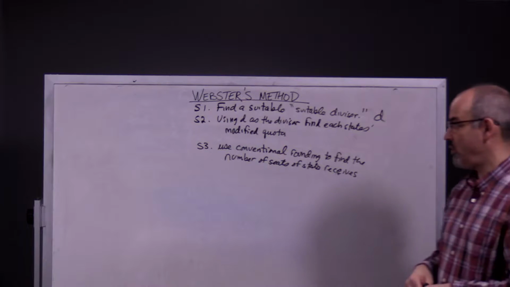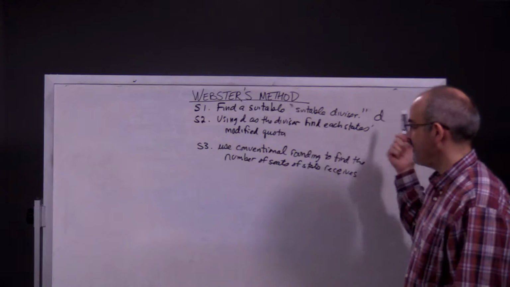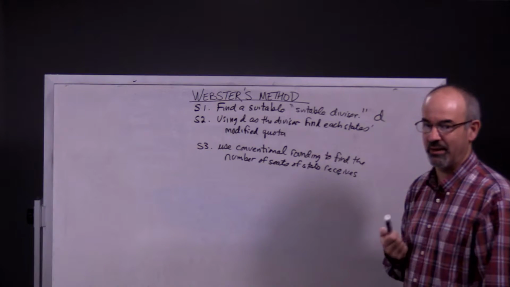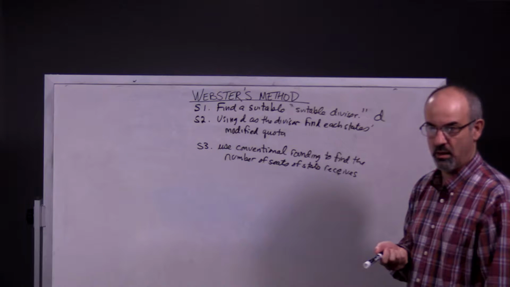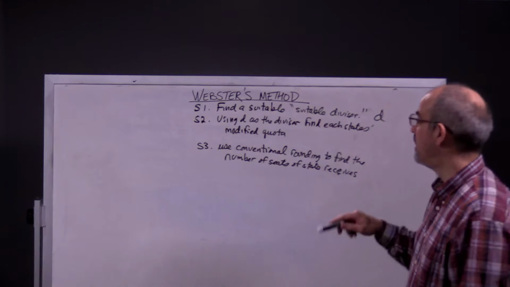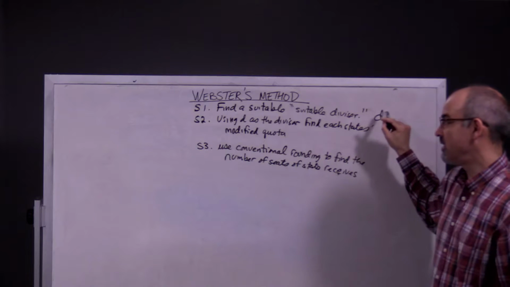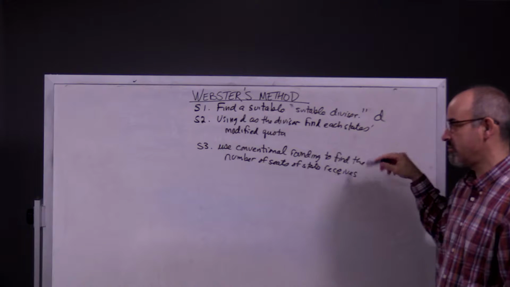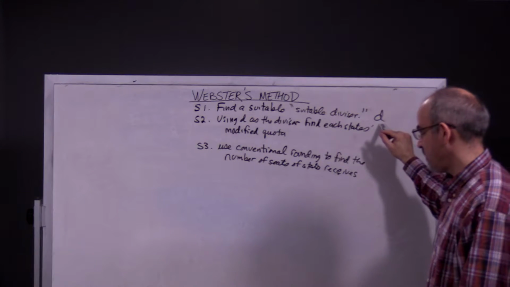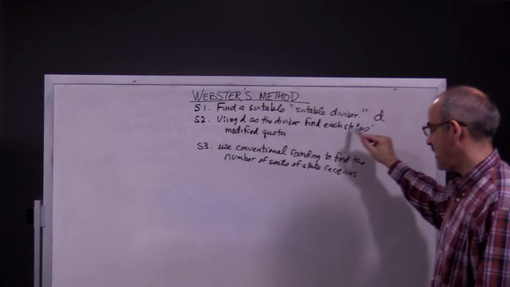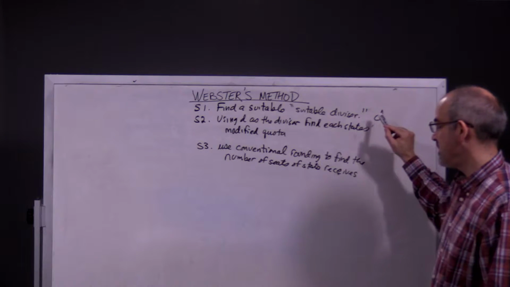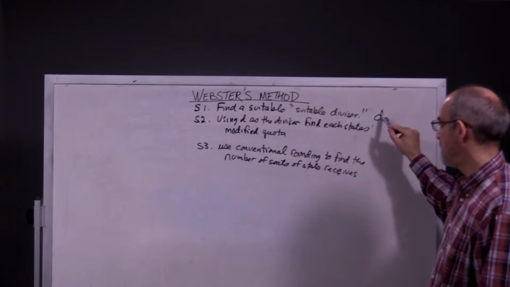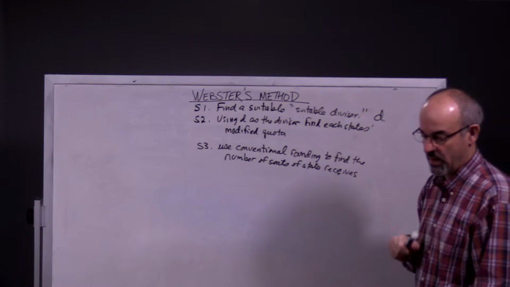The hardest part is coming up with the divisor. The first thing you should do is just use the standard divisor, and if that works, then you're good. If it doesn't work, then you have to change the standard divisor to a suitable divisor, and you'll see what I mean by that.